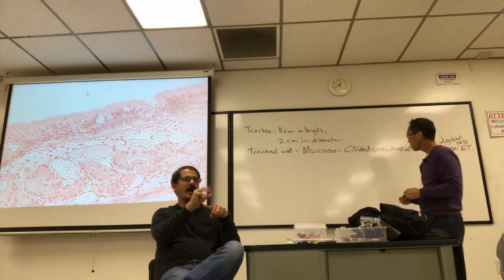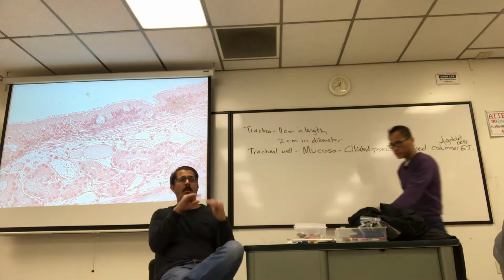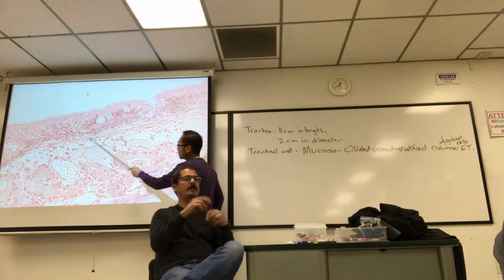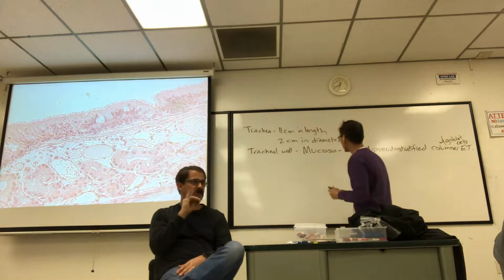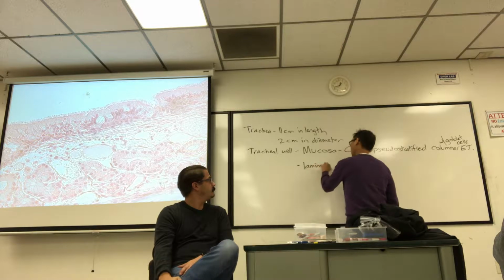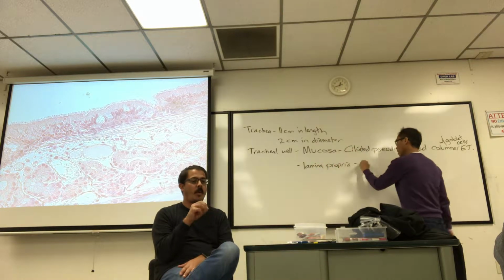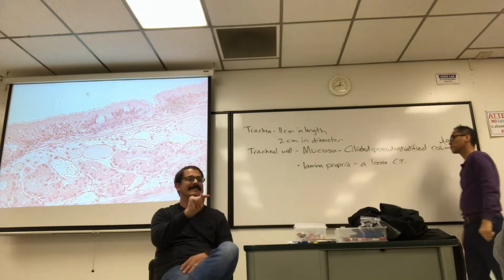Now, just below this epithelium is a loose connective tissue. It acts like a basement membrane. We call it the lamina propria. I'll describe it as a loose CT, connective tissue.